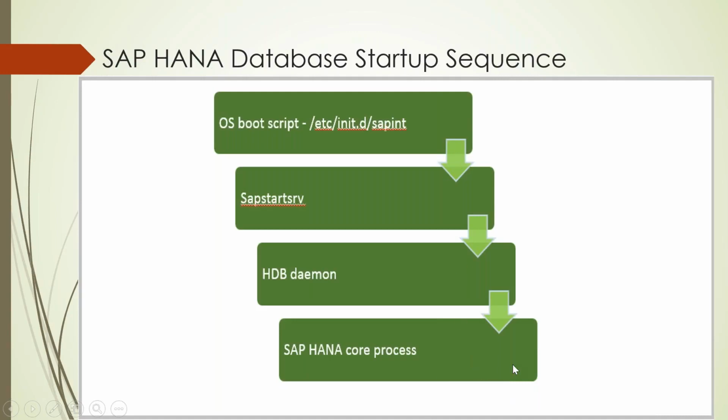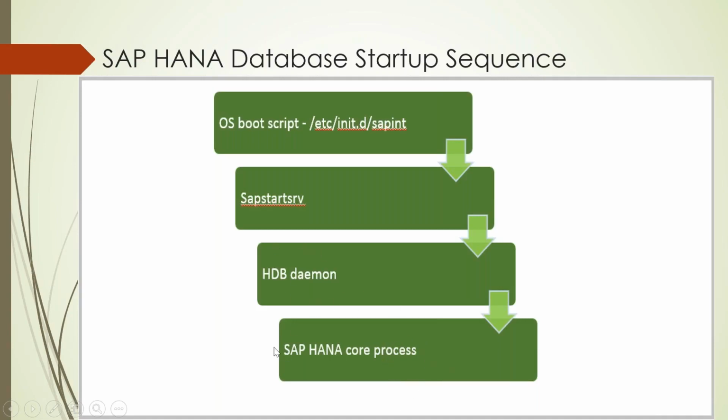The shutdown sequence is the same. If you shut down the HANA database using HDB stop, the signal is received by the SAP start service. It sends the signal to the HDB daemon. Then the daemon sends signals to all the HANA core processes and asks them to stop, and then the daemon goes down.